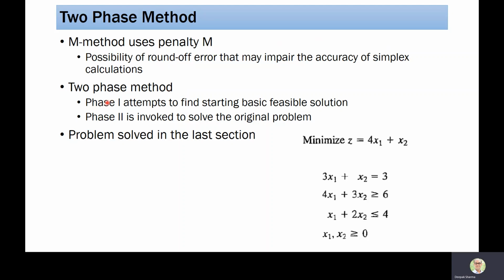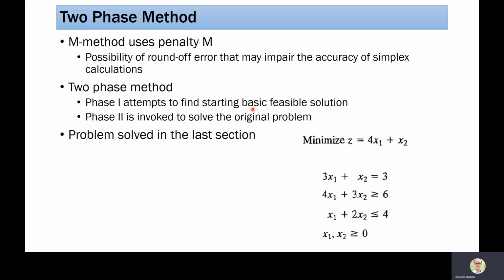How does it work? In phase one, we attempt to find the starting basic feasible solution for the given problem. Second, phase two is invoked to solve the original problem. Remember that whenever we start a simplex method, we always start from the origin.